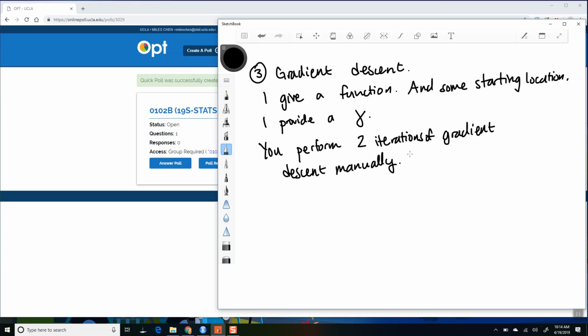I think I've made you do manual stuff like coordinate descent or whatever kind of algorithm you have. Same kind of idea here. I don't know what else I can say about this problem.